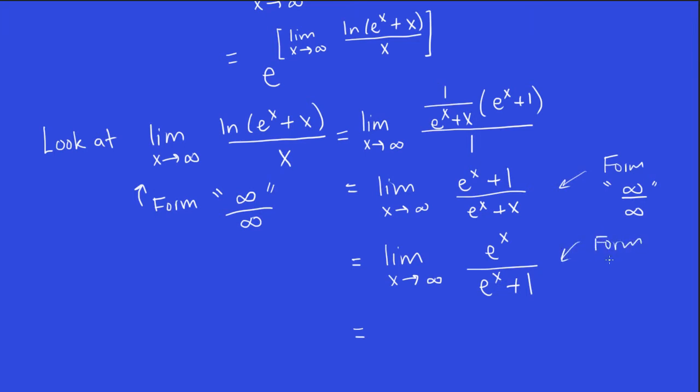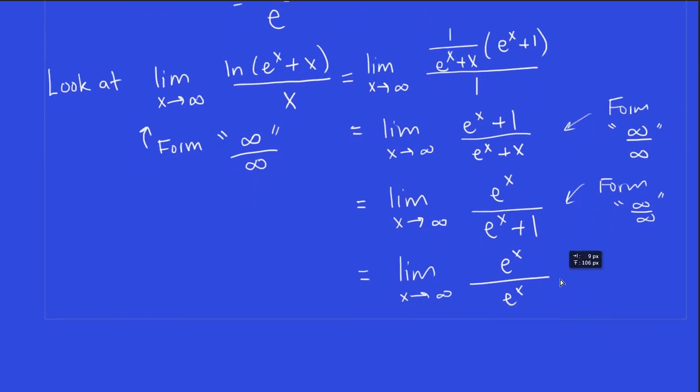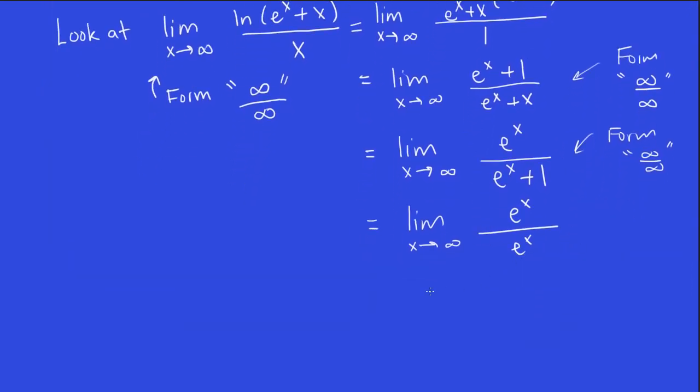Because this is also the form infinity over infinity. The derivative of e to the x is e to the x. The derivative of e to the x plus 1 is e to the x. And now we have something good, because these e to the x's are going to cancel. And we have the limit as x goes to infinity of 1.